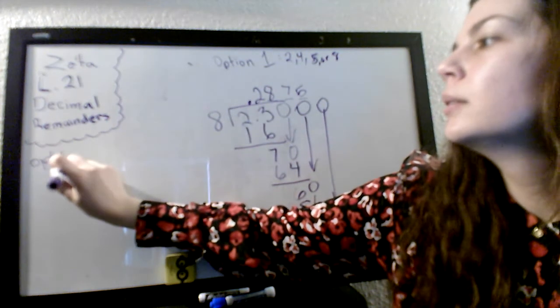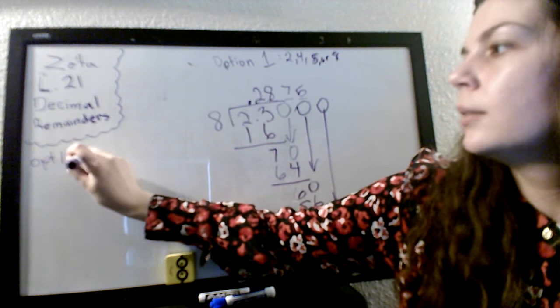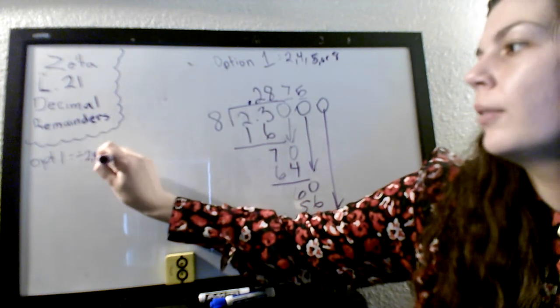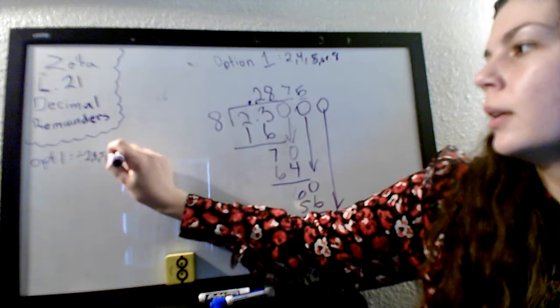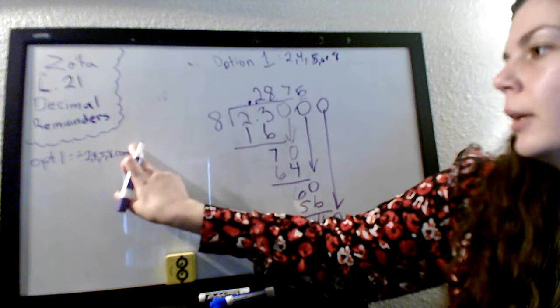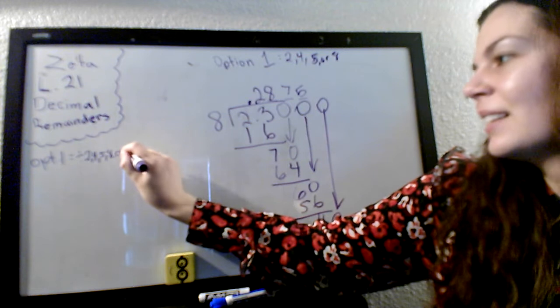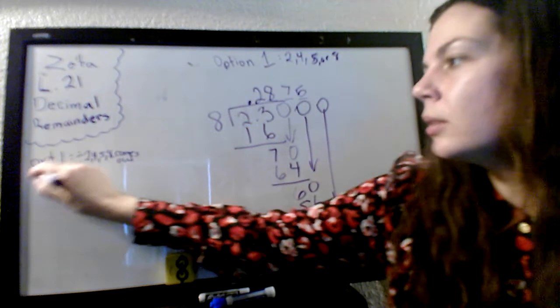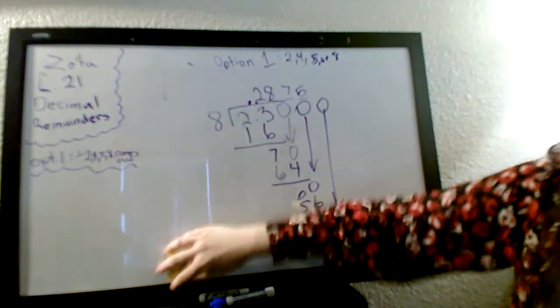Option 1. Let's say divide by 2, 4, 5, 8 comes out. Oh, too bad I can't spell. Comes out. Okay, so that's option 1.